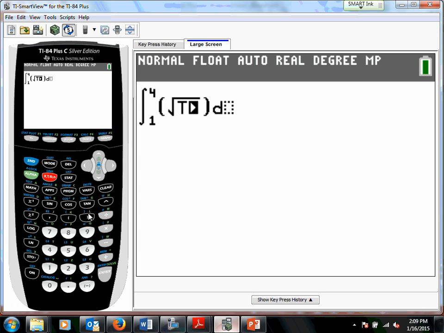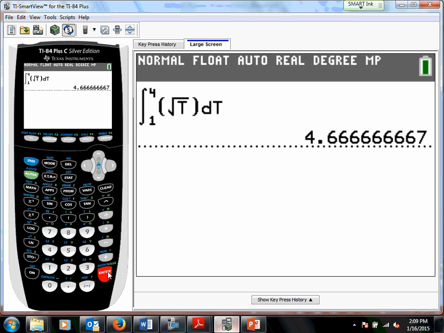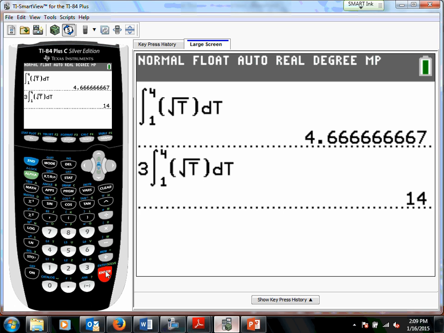Close your parentheses. Oh, my calculator's in parametric mode. There. You should get 14.